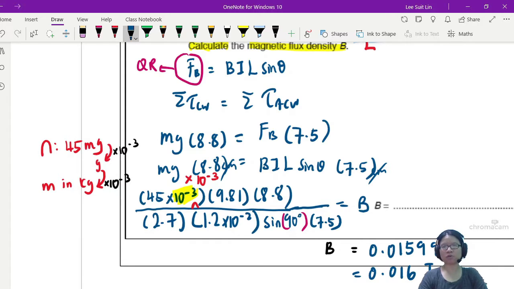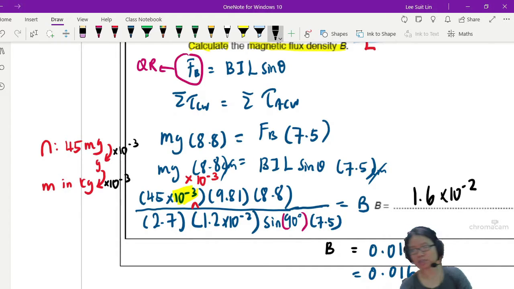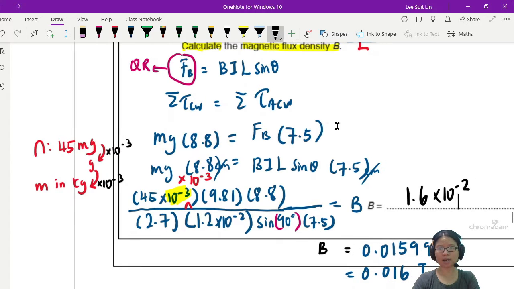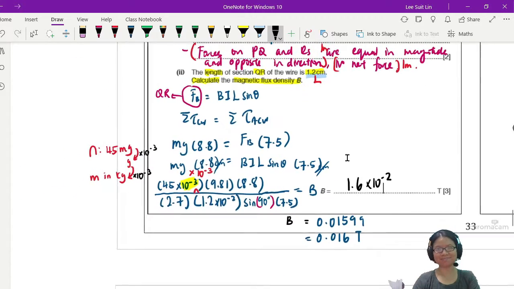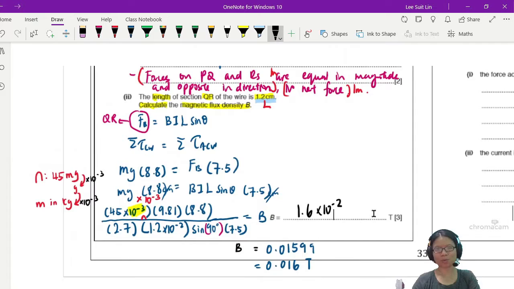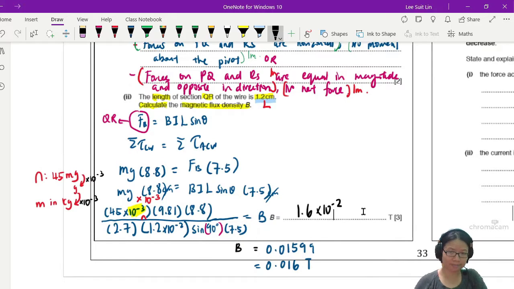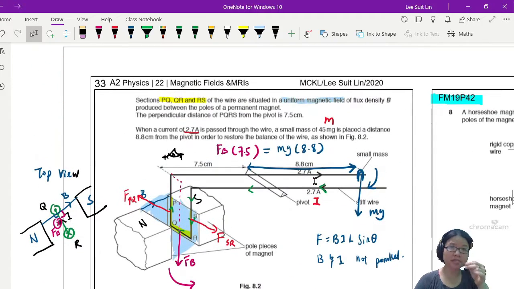But of course, if you want to write it in standard form, you can. This will be 1.6 times 10 to the power negative 2. Just double check the unit so that it's not milli Tesla or any weird Tesla. Tesla the car. So 1.6 times 10 to the power negative 2 Tesla.